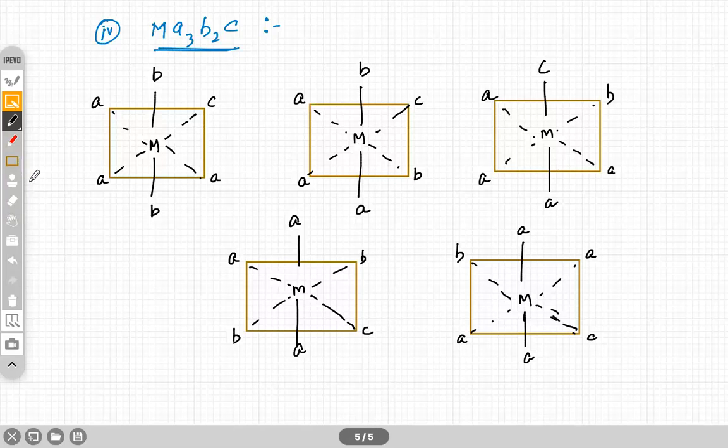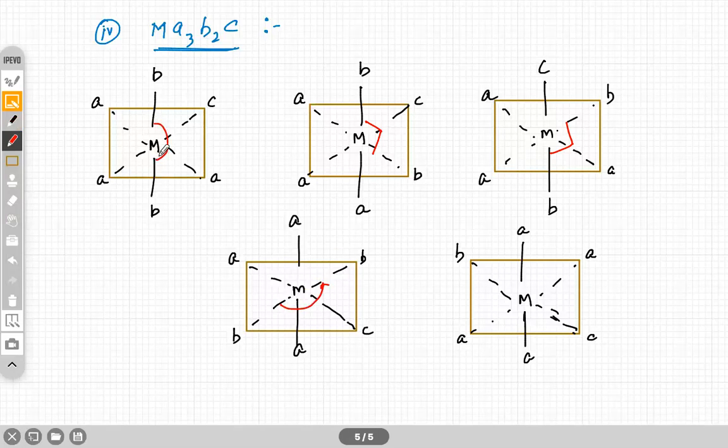Okay, this one I have written 4A here. I'll just change this. Suppose B I'll place over here. So these two, the B are at 90 degree to B atom. Here also B at 90 degree. Here B at 180 degree.